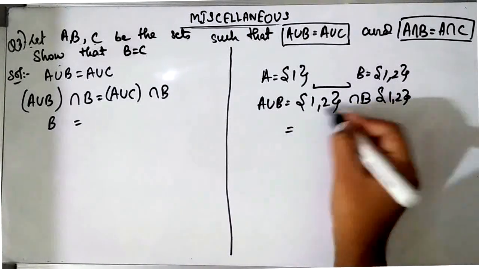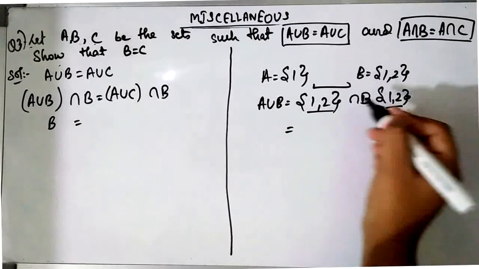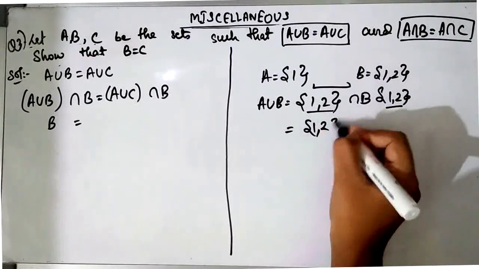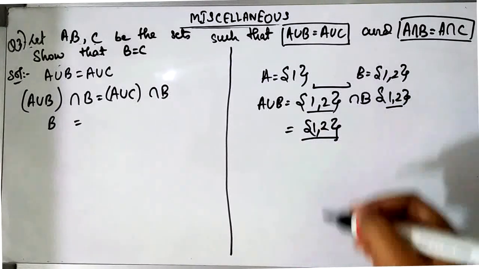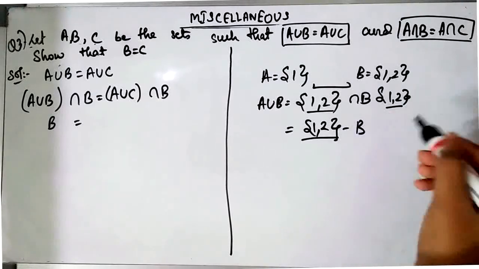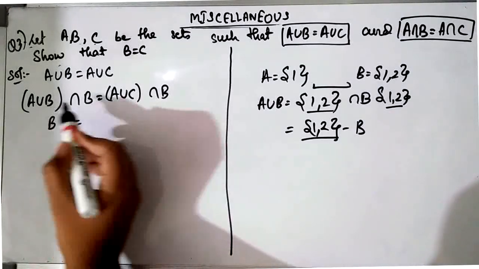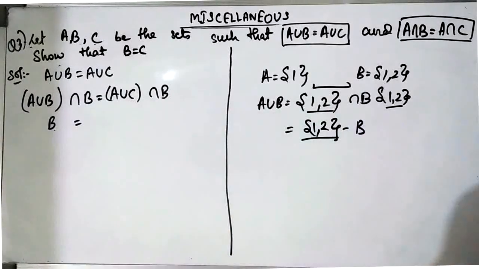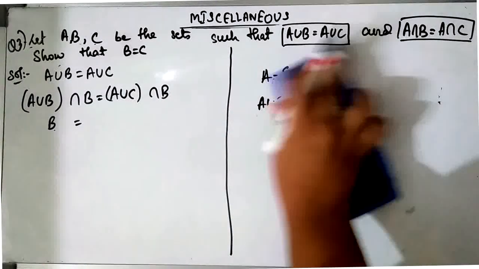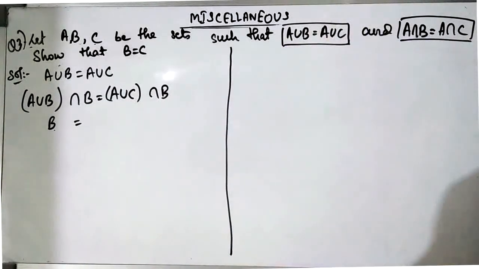Now when you do the intersection of these two sets, common elements are 1 and 2. So the common element, that is the intersection, will be 1, 2 itself. That is the set B itself. So when we do A union B intersection B, we get set B itself.